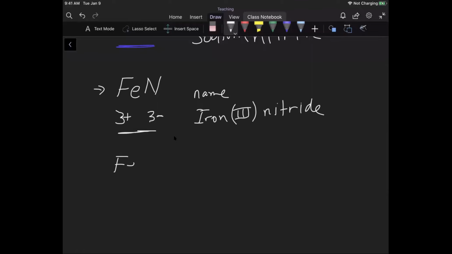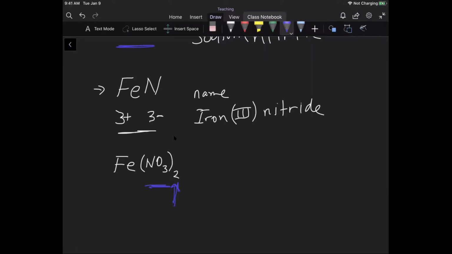So what if we had this compound, Fe(NO3)2. Okay, again, we know the charge on the nitrate. We know that anion charge, it's always -1. We have 2 of those -1 charges, it says right here, we have 2 of those charges.